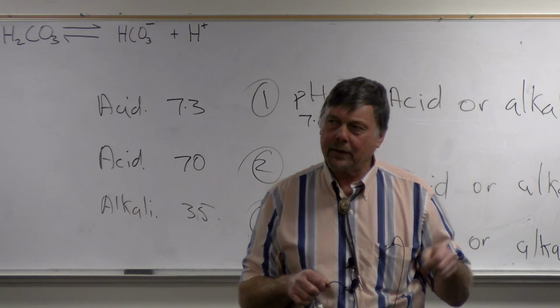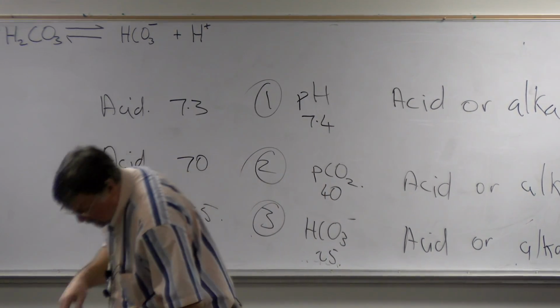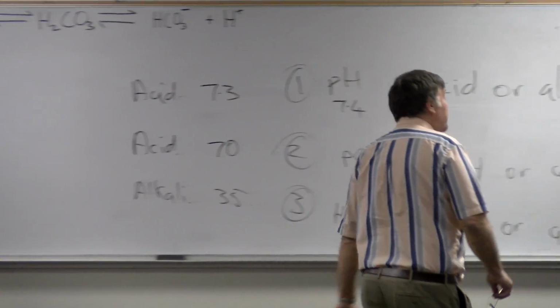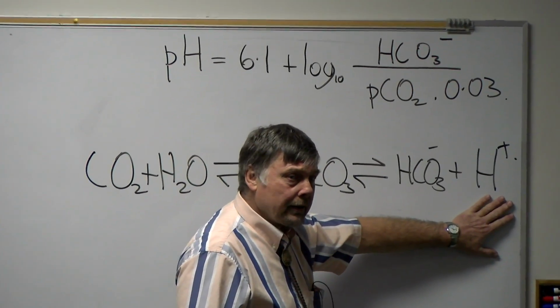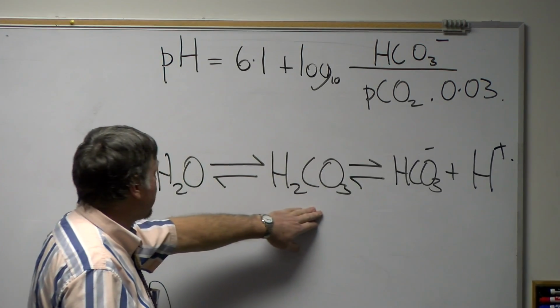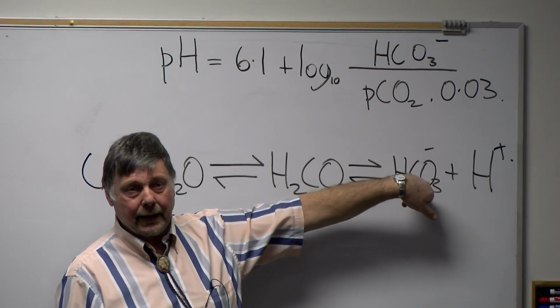So let's just do that for whatever the first one is. It's a metabolic acidosis. Okay. So with a metabolic acidosis, you've got a lot of acid. It mops up the bicarbonate and goes in this direction. So bicarbonate's low in a metabolic acidosis.